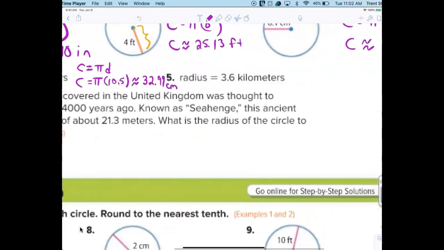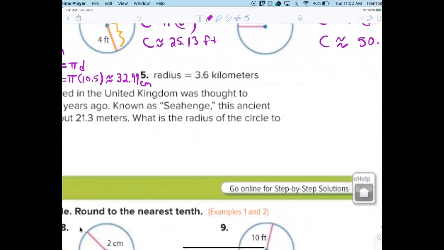All right. Number 5. Lexi, you good? Yeah. All right. Tell me what to do, kiddo. Circumference equals pi times 5. That's correct. And then circumference equals pi times 5. Wait a minute. Double 3, what do I get?